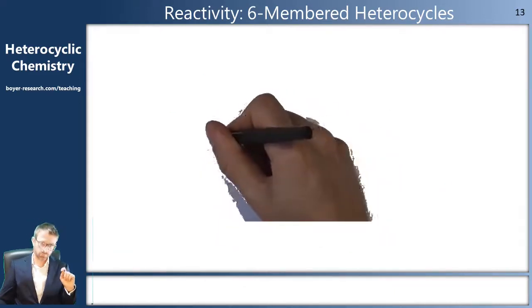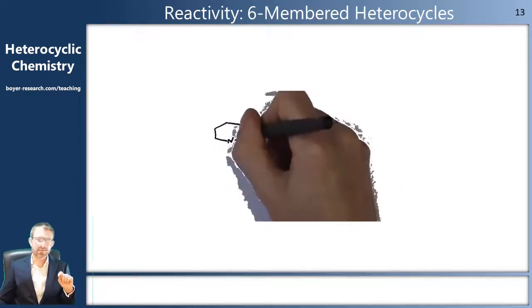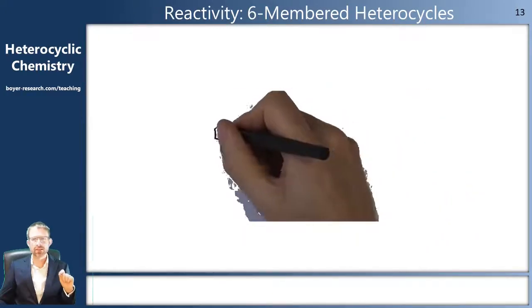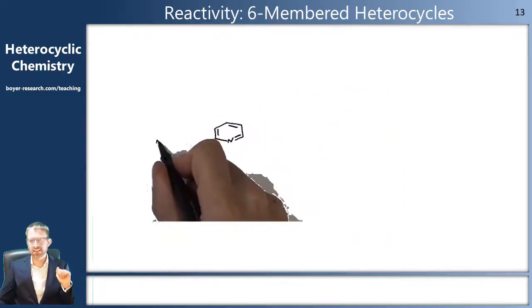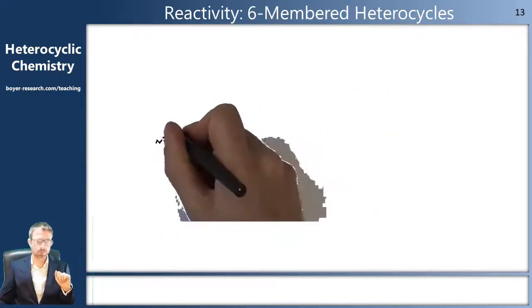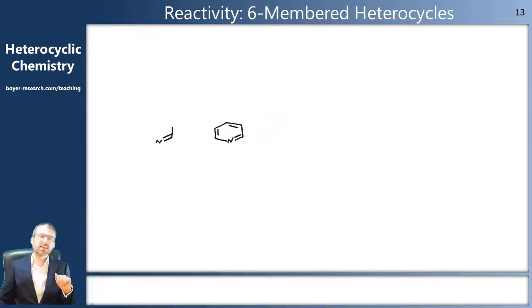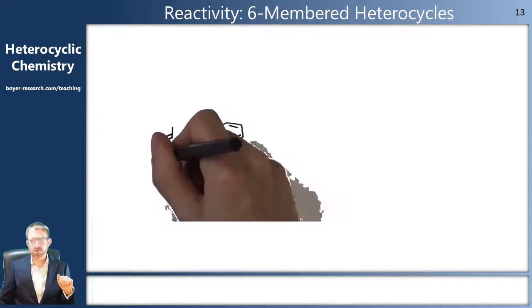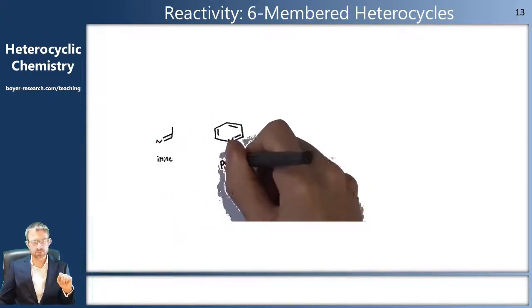So, our pyridine is an aromatic ring, but the aromatic ring is a good electrophile because it contains electronegative nitrogen. That means the system is polarized very much like the imine is polarized versus the corresponding alkene.